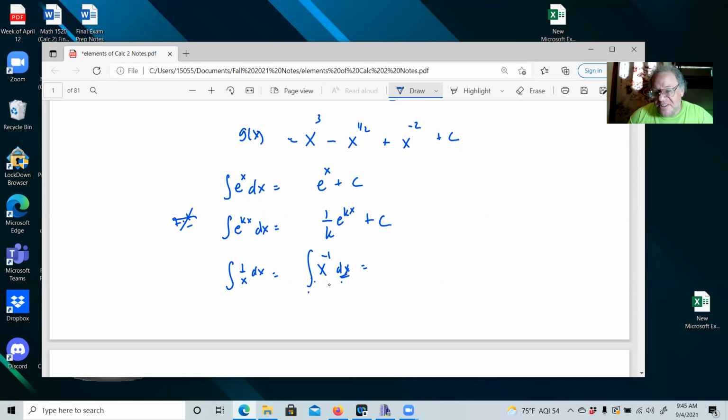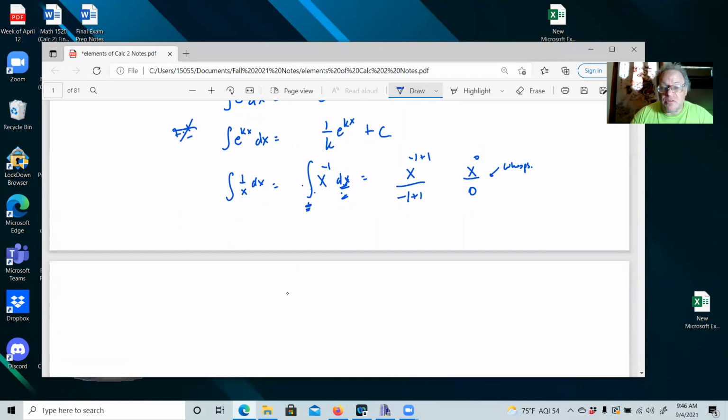This is like the catalyst to help the action go. So when you integrate, this gets used up, this gets used up, both get used up. So we're going to end up with x to the negative 1 plus 1, negative 1 plus 1. See an issue yet? So it's not going to work out. So we have a different rule for this particular function.